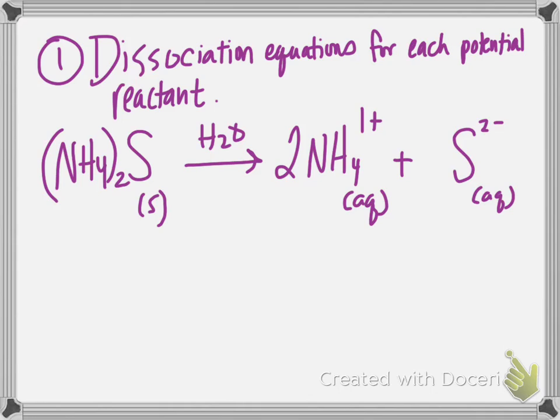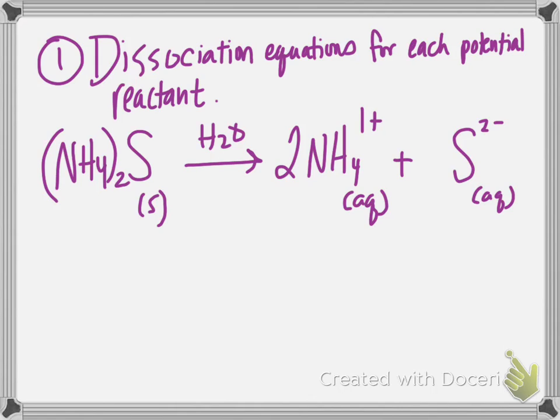We get out 2 moles of ammonium ions with a 1+ charge in aqueous solution, 1 mole of sulfide ions with a 2- charge also in aqueous solution. Does that make sense? Does that look right to you? Okay.